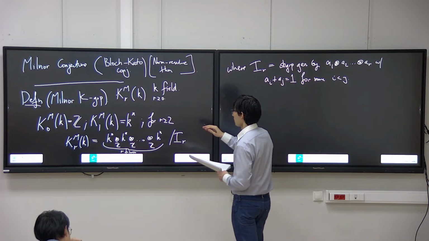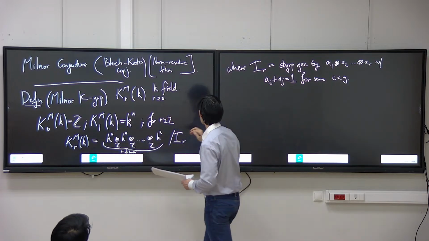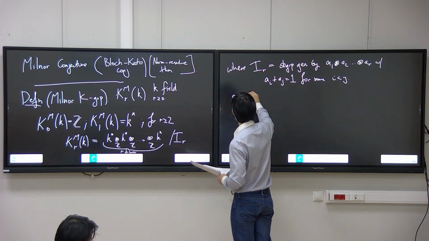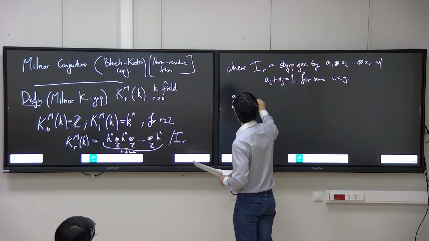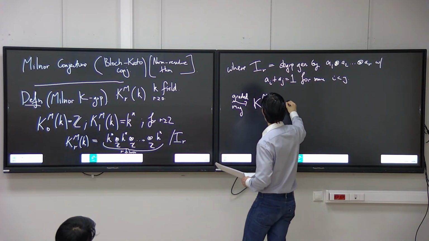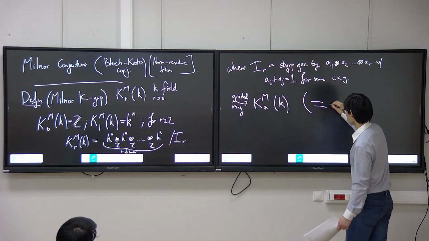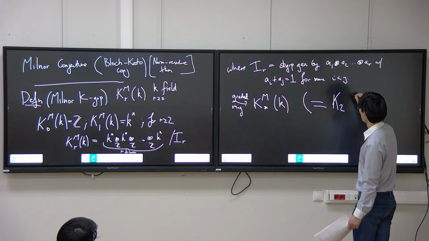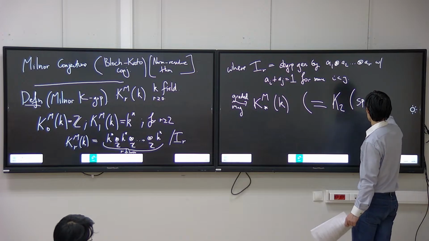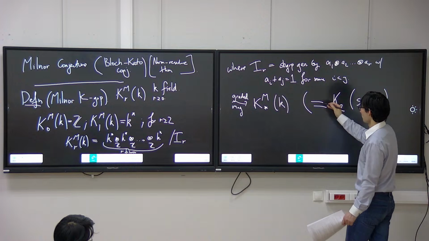So the point is, all these K groups put together give a graded ring, which let's call K star M of K, and this is meant to be equal to the second K group of Spec of K. But it's the correct definition.